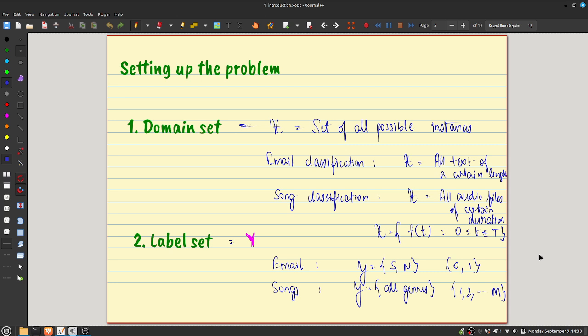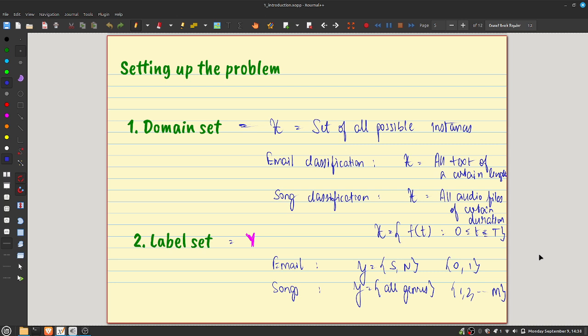Okay, so we started out with defining certain basic terms: the domain set, that is where the examples come from; and the label set, that is the set of labels that they correspond to. So the domain set could potentially be the set of all possible emails of a certain character length, or the set of all songs of a certain duration, or all possible images with certain dimensions.